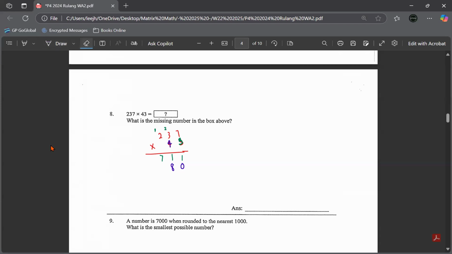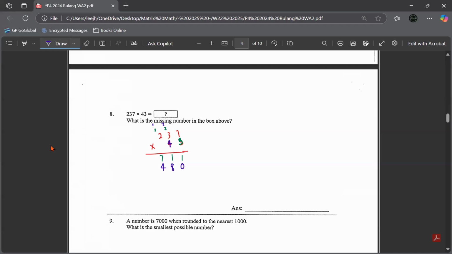So you have to write the 2 over here. Now 3 times 4 is 12. Sorry, this is 28, so 8, carry 2. So 3 times 4 is 12, 12 plus 2 is 14. So 14. So another 1 over here.